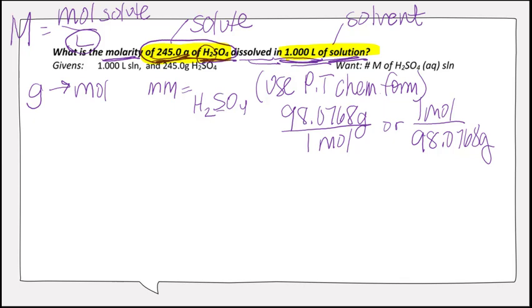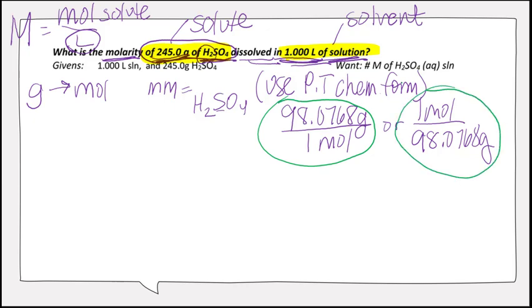Okay, so we've got 2 different ratios here. Which one am I going to use? Well, I'm starting with 245.0 grams of H2SO4. Our question wants us to find the molarity, which is moles per liter. Well, if I've got grams, what do I want?